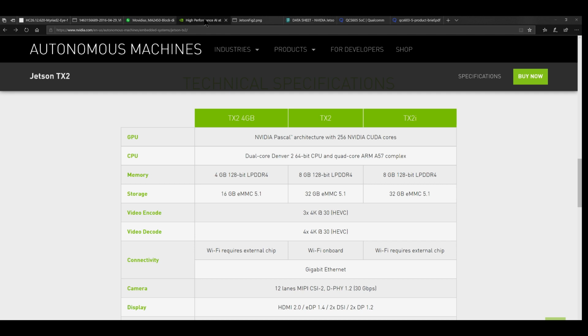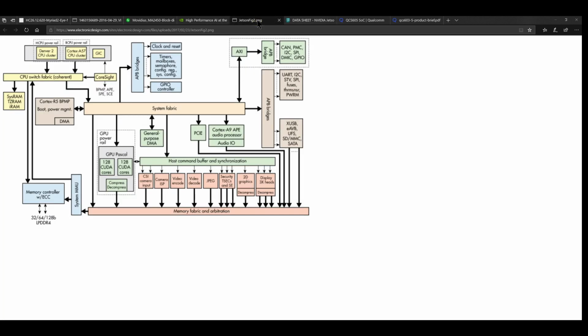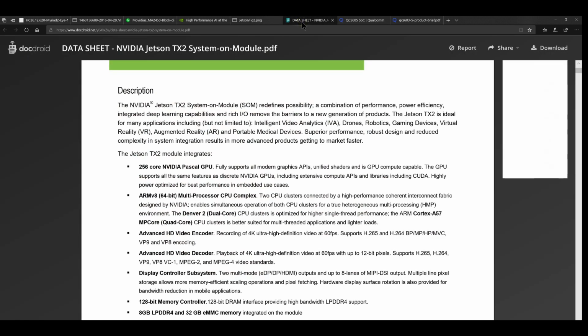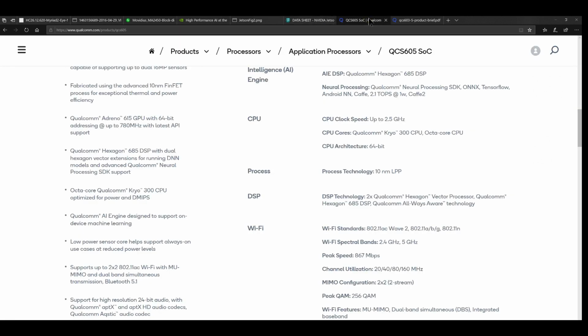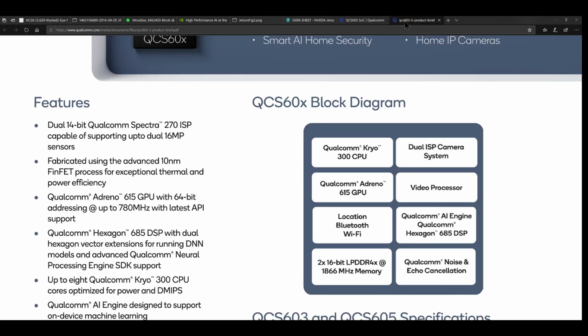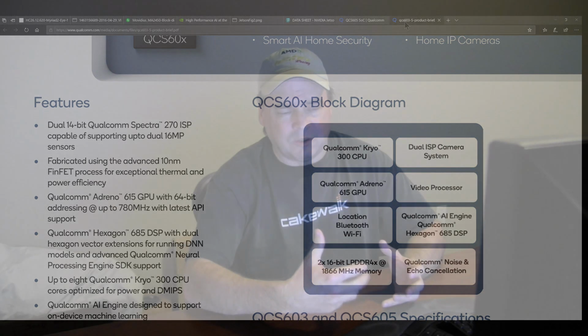I went to NVIDIA's website and pulled down some basic specifications. I did some more digging and found a detailed block diagram of the Jetson part. I also found a data sheet online for this part, so I compiled all that data, and then I did the same thing for the Qualcomm SC605. Not as much information there, but I was able to find some information on their website, as well as a product brief that went into some more detail on the Qualcomm part.